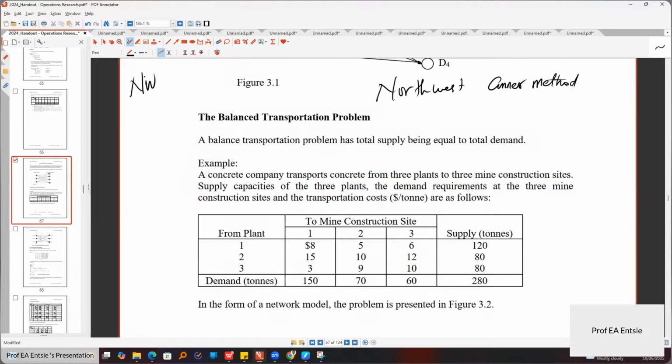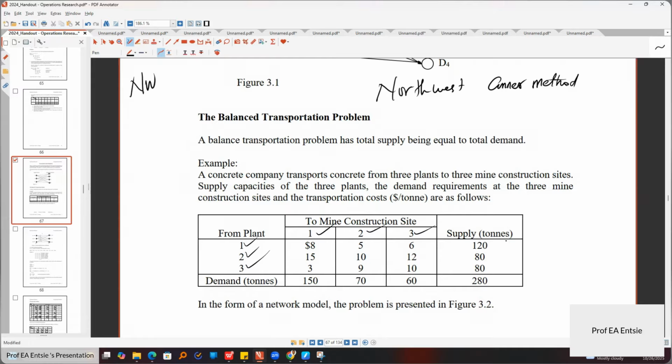A concrete company transports concrete from three plants to three mine construction sites. The supply capacities of the three plants, the demand requirements of the three construction sites, and the transportation costs are as follows. So this is plant one, two, three to site one, site two, site three. Then the supply that plant one can do is 120 tons.